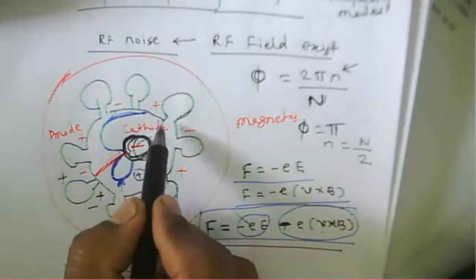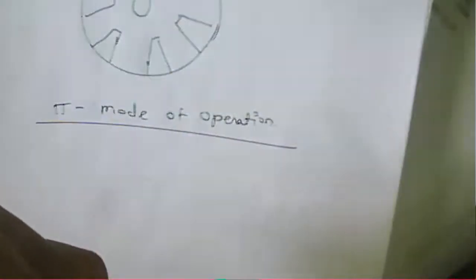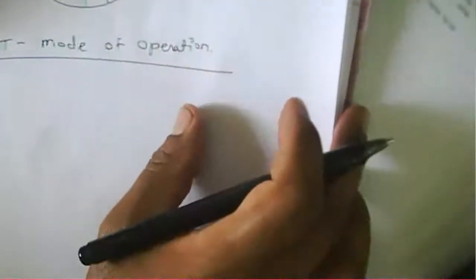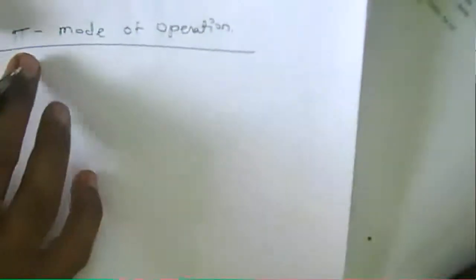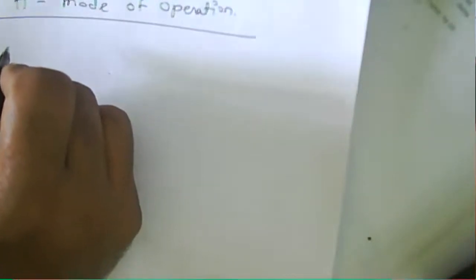Because of that maximum excitation, the mode will jump. Whenever we try to separate the mode in a given magnetron, the mode frequency will jump from one mode to another. That's why the separation of the π mode is needed.